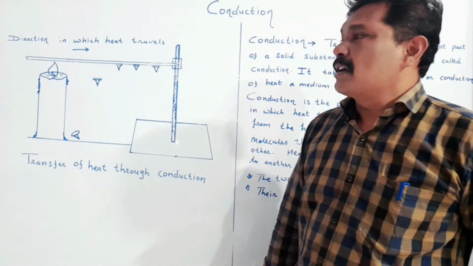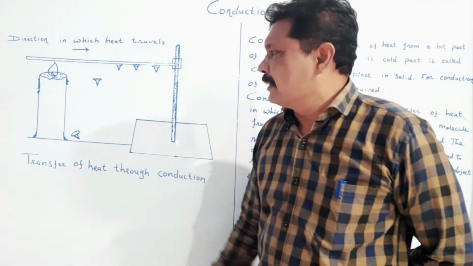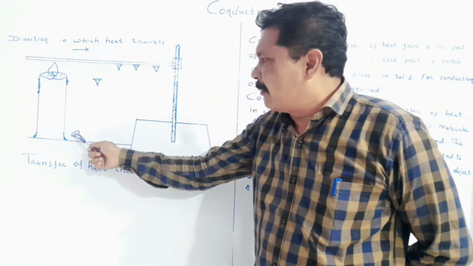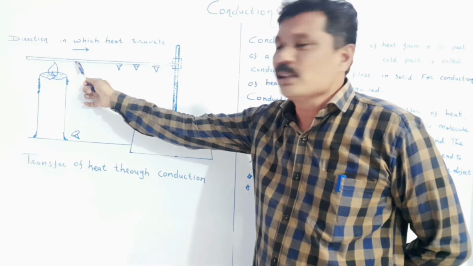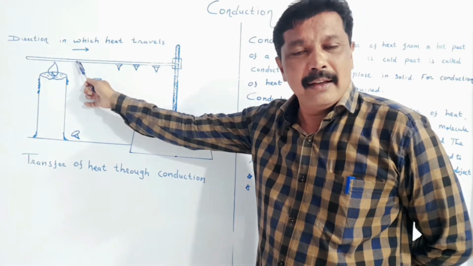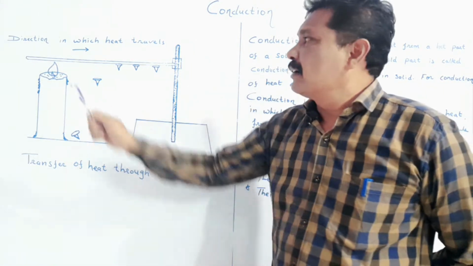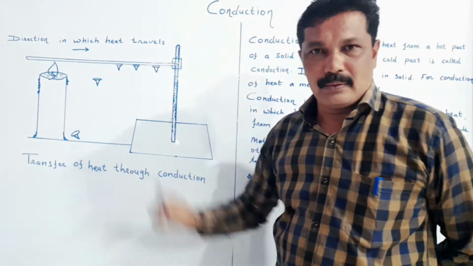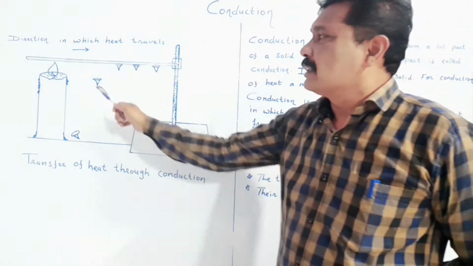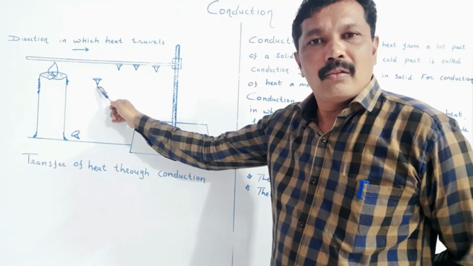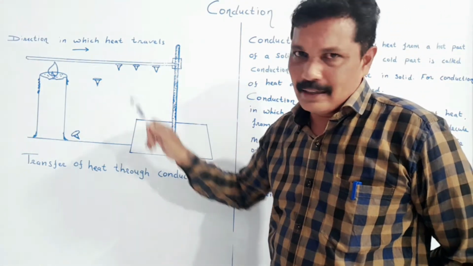After some time, my dear student, you will see that the thumbnail which was close to the end which was heated fell down. After some time, the second thumbnail will fall down.